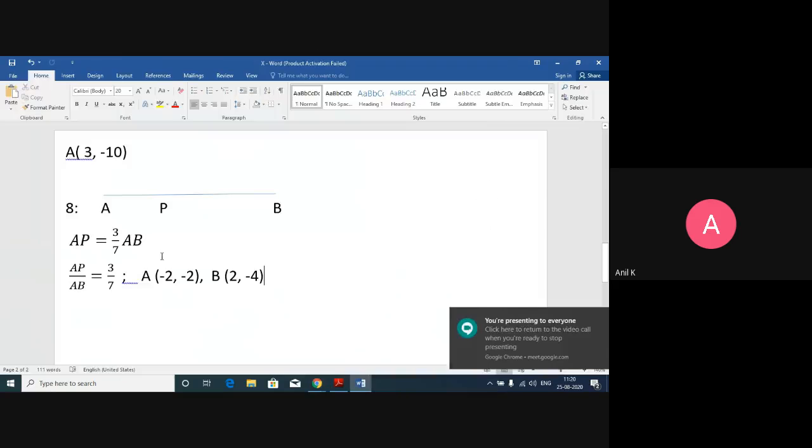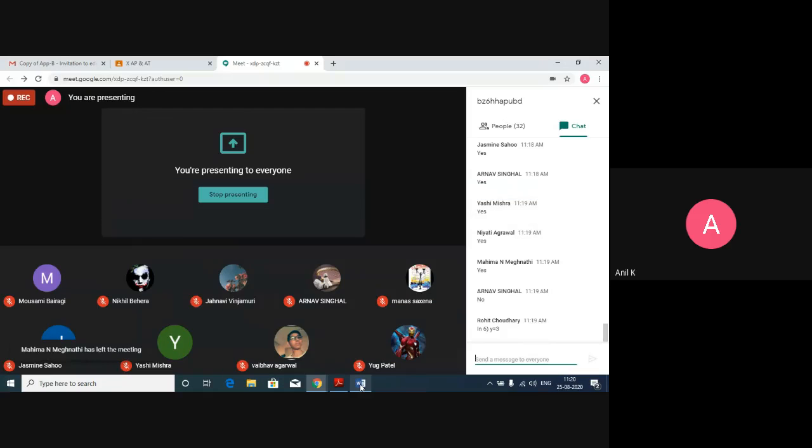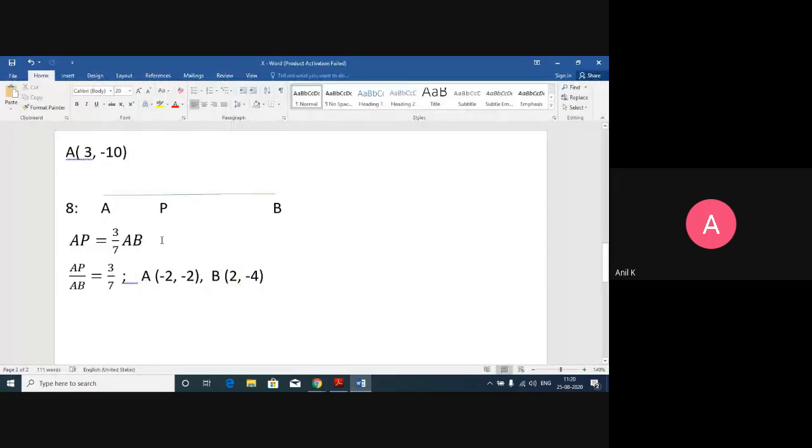Read the question. The ratio is AP is to AB equals 3:7. That is my problem. My ratio cannot be 3:7 because, when we discussed the section formula, if you remember, we discussed AP is to PB. It is not AP is to AB.